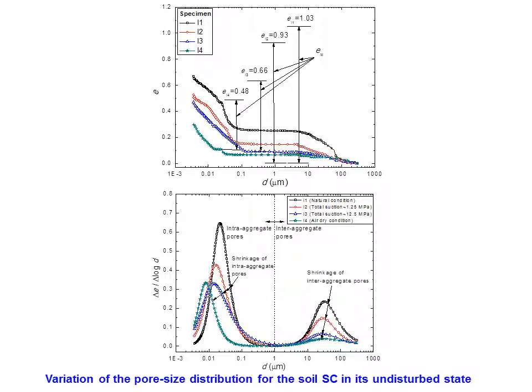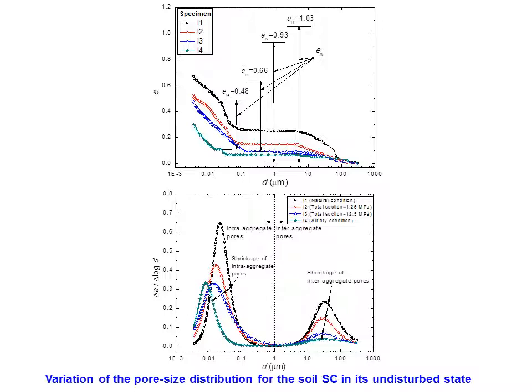What we can see is that the intact samples exhibit bimodal pore size distribution during its complete drying path. Now this bimodal pore size distribution has one cluster of pores as the interaggregate pores and another cluster of pores as intra-aggregate pores. What we can also see is the shrinkage of interaggregate pores as well as the intra-aggregate pores.